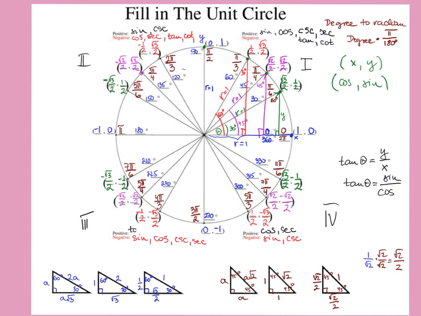Therefore, tangent will be positive and cotangent will be positive. And in quadrant number 4, cosine is positive but sine is negative, so the ratio is going to be negative. So over here, tangent and cotangent will be negative.